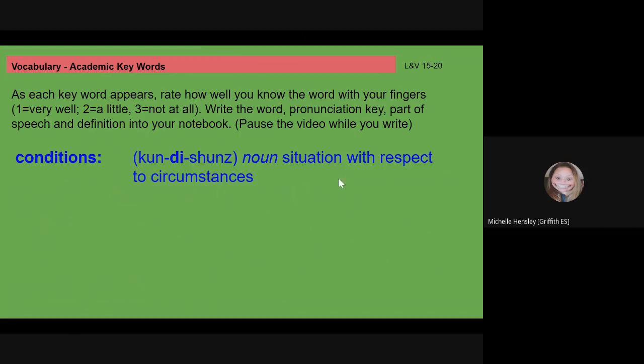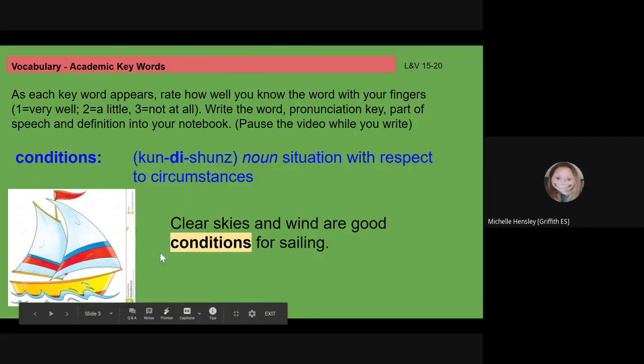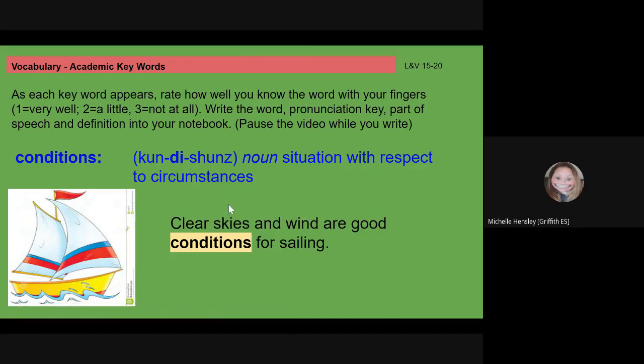So let's try and look at a sample sentence and see if that helps us. Clear skies and wind are good conditions for sailing. Okay. 100-degree temperatures and a swimming pool gives good conditions for swimming, right?